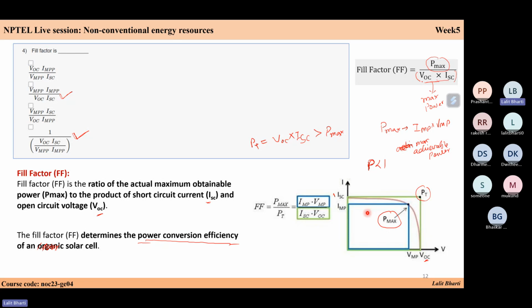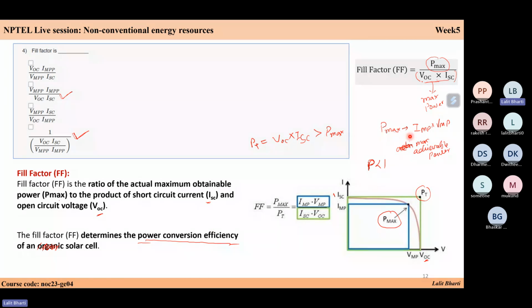So the ratio of that will be the fill factor. The fill factor will define your power conversion efficiency. So if your fill factor is higher, the efficiency of a solar cell will be higher. So this is always less than 1.